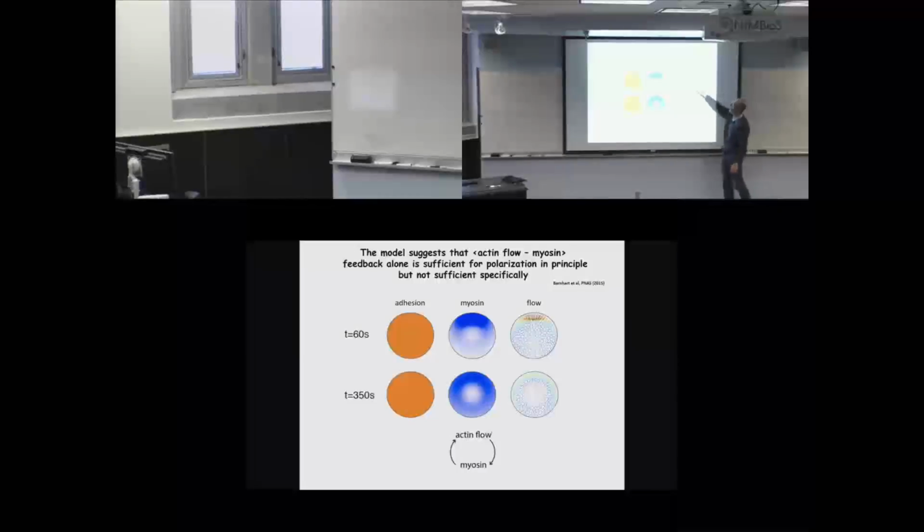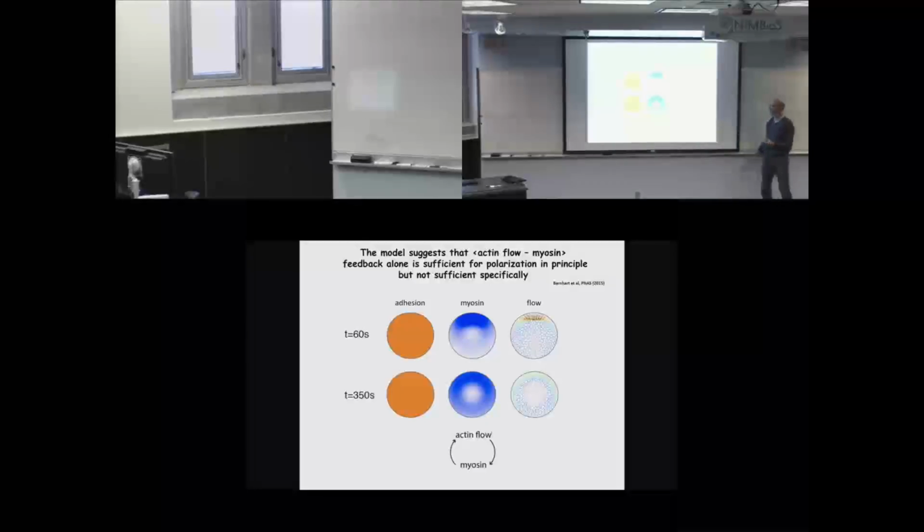As a result, some gradient of myosin density persists. Myosin keeps being swept to the rear. And so this feedback, which is in the model, is enough to polarize the cell by itself. You start moving the cell, myosin is swept to the rear, that's where it pulls in the rear. At the opposite side, the front outruns it, here you are.